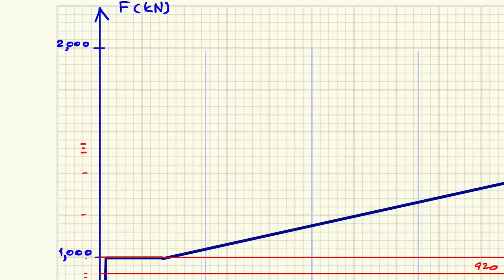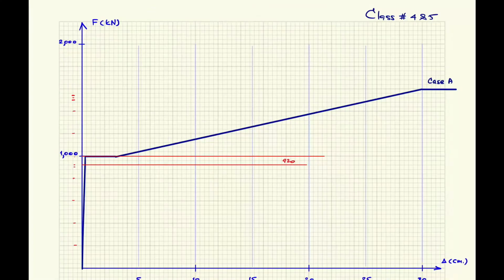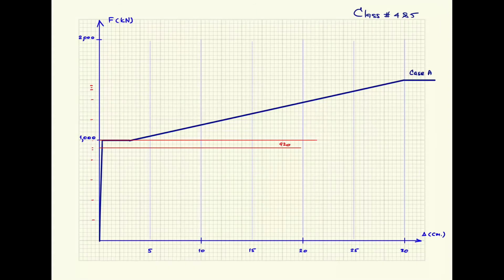Okay, so the line is going to be difficult to see. This way. Okay, you can see that the force level drops from case A. The ultimate one is just coming up to that far.